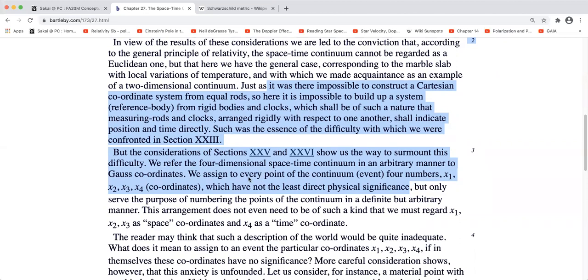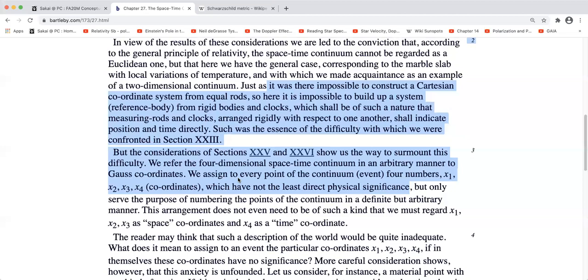Okay. And then in this second paragraph, he gives us our recourse. He says instead, let's just use 4 arbitrary numbers or coordinates, x1, x2, x3, x4. He calls them Gauss coordinates. Now these Gauss coordinates become the typical flat space-time coordinates, that is 3-dimensional space and 1 time, when gravity is not present, when there is no space-time curvature.